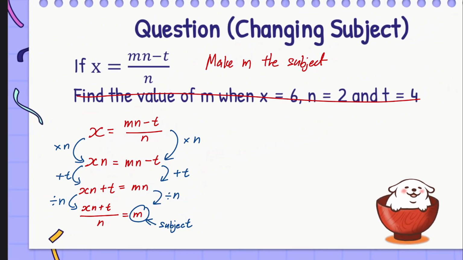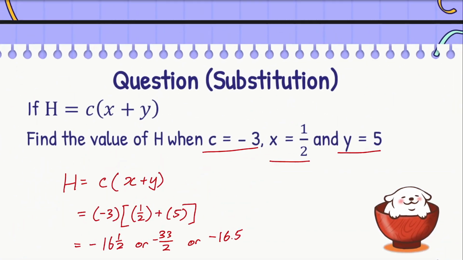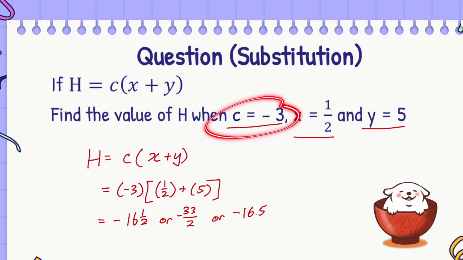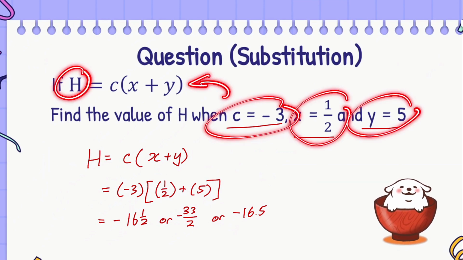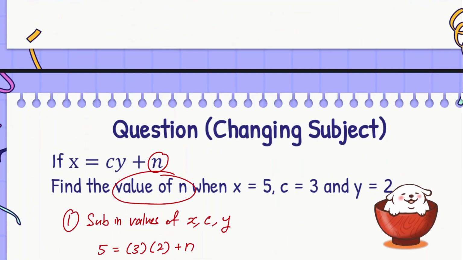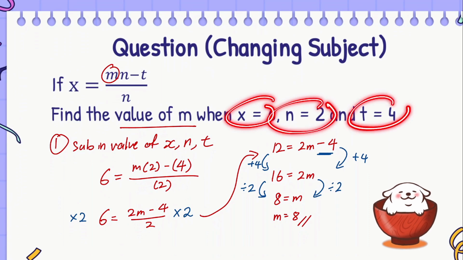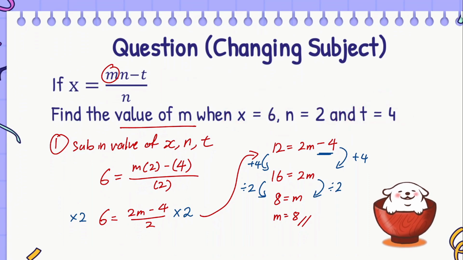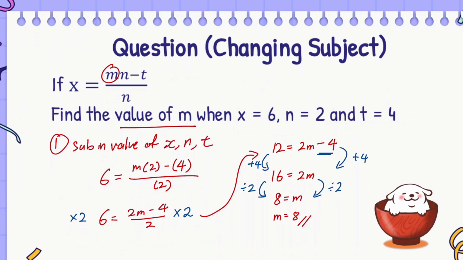Okay, so the summary of this lesson is, for the first part, we practice substituting known values of a variable into an equation to find the value of the subject. Okay, for the next step, we substitute in the values of variables into the known equation. However, we still have to do a final step of solving for the unknown value, where we have to make the unknown value the subject.